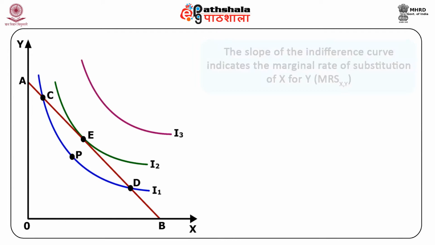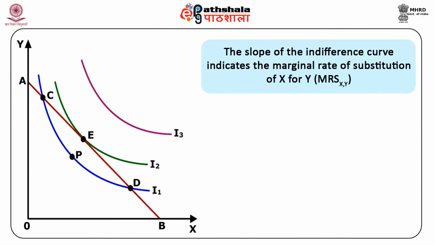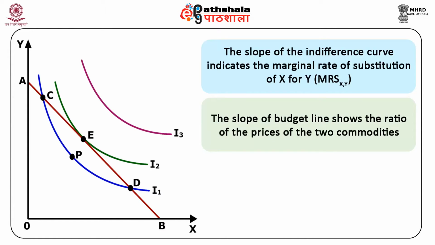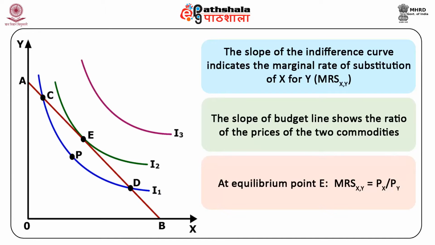We also know that the slope of the indifference curve indicates the marginal rate of substitution of x for y, MRSXY, while the slope of budget line shows the ratio of the prices of the two commodities. Therefore, at equilibrium point E, we have MRSXY is equal to Px upon Py.